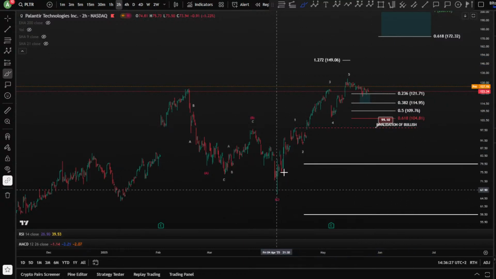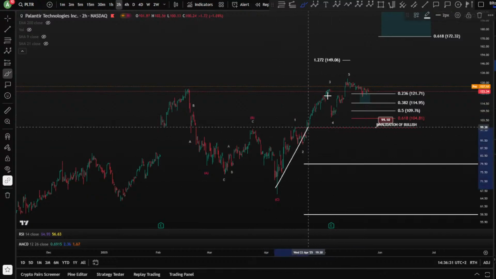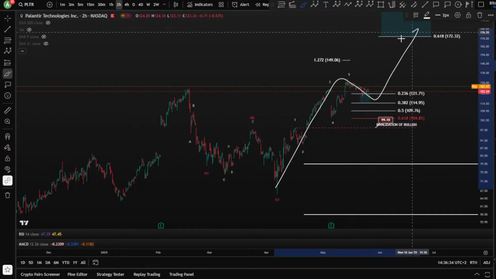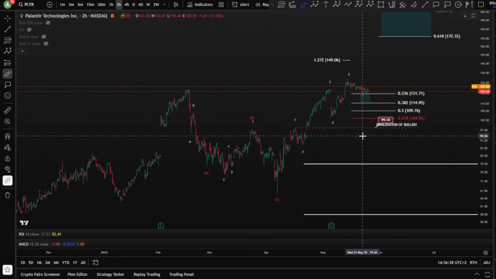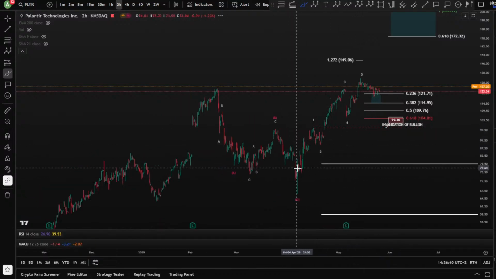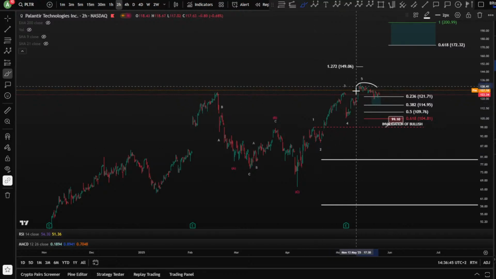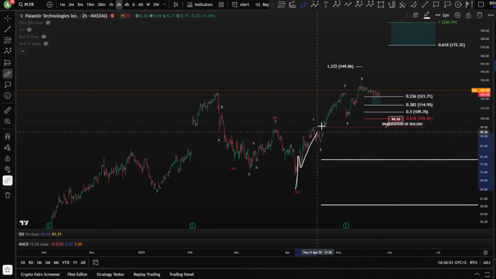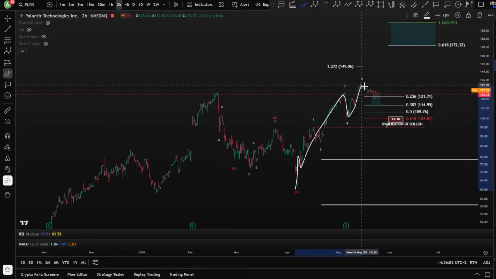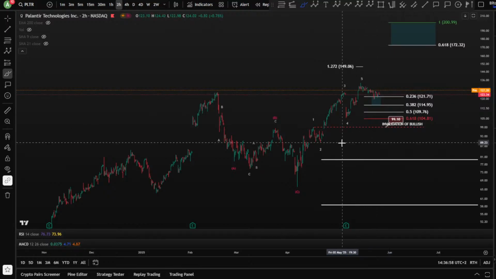By all means, what I see here is a potential that we have, of course, a 1, 2, and then 3, 4, 5. 0.38 can be taken, but I don't see it really like a 1, 2. I see it something like a wave 4, guys. What I see here is potentially a finished 1, 2, and then 3, 4, and a 5. Potentially having, of course, double 1, 2s here and having a wave 4 again.